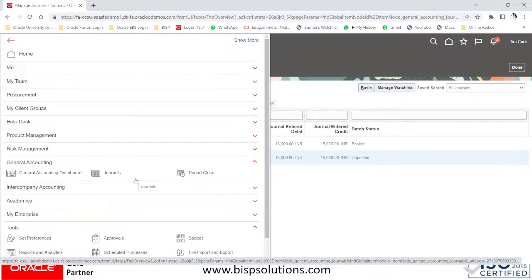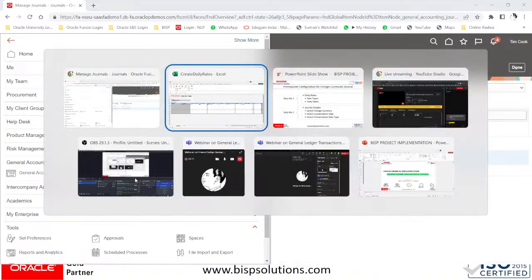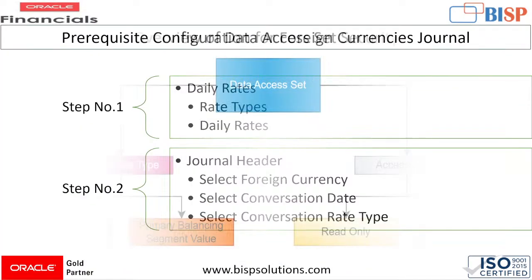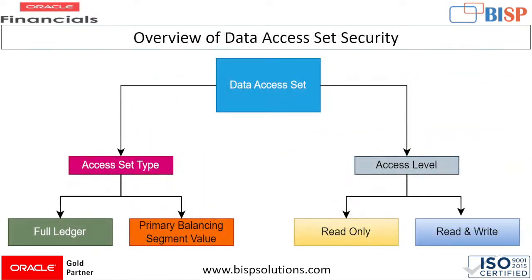So let us move to the next topic, that is data access set, setup and process. Let us move to the template now. So this is the overview of data access security. Data access set secures access to ledger and ledger set and portion of ledger using the primary balancing segment values.